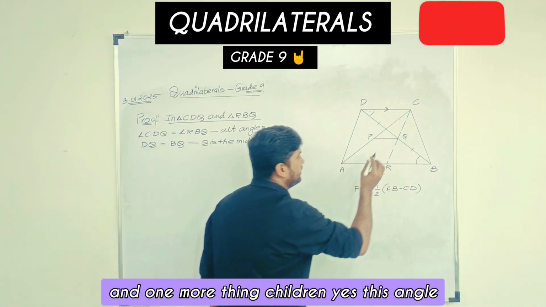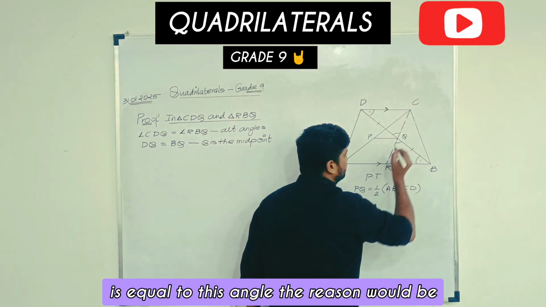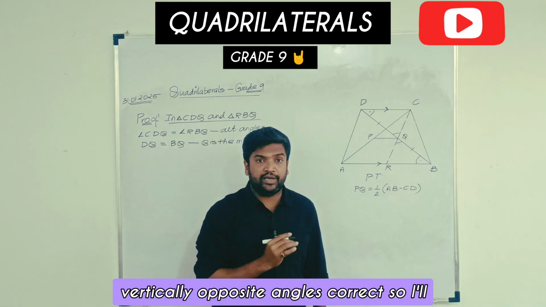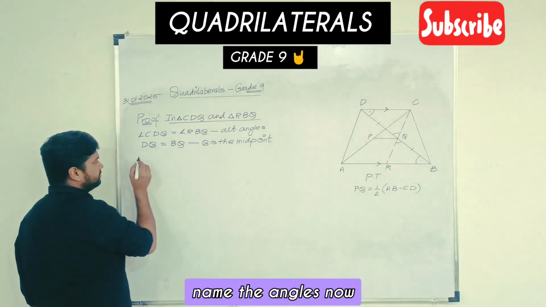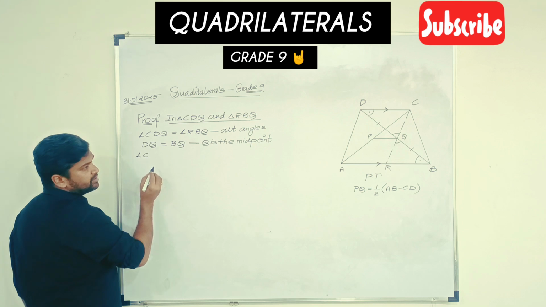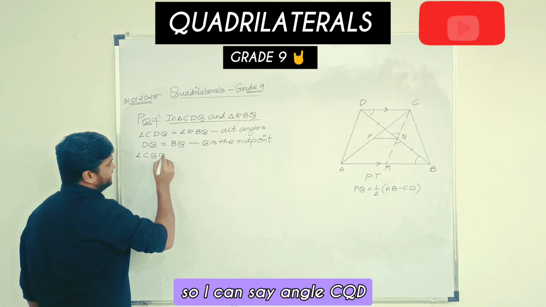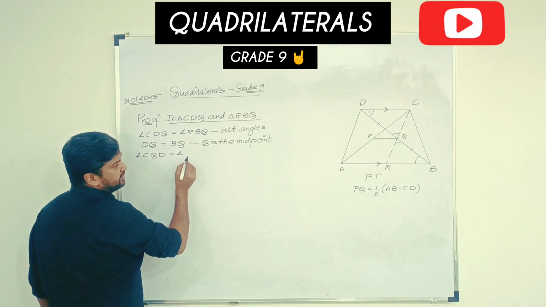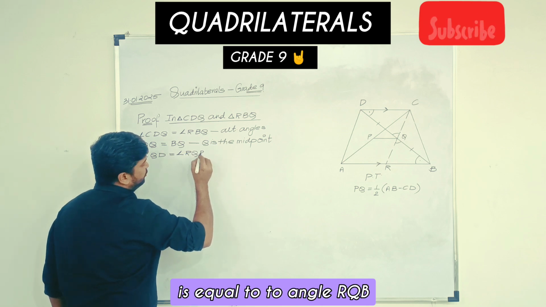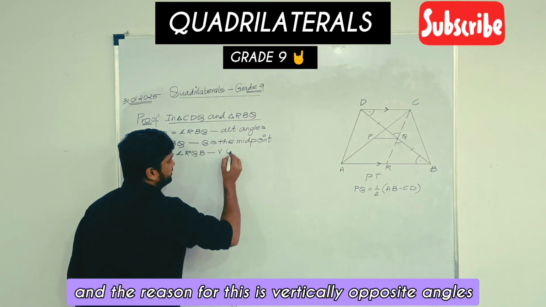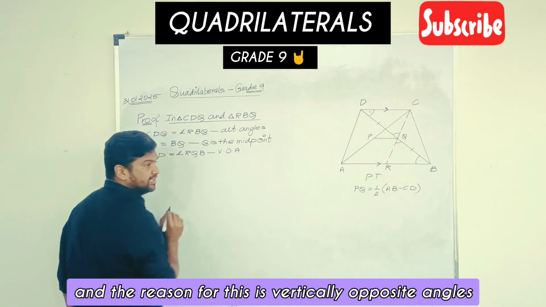And one more thing, children. Yes, this angle is equal to this angle. The reason would be vertically opposite angles. Correct? So I'll name the angles now. Angle CQD is equal to angle RQB, and the reason for this is vertically opposite angles.